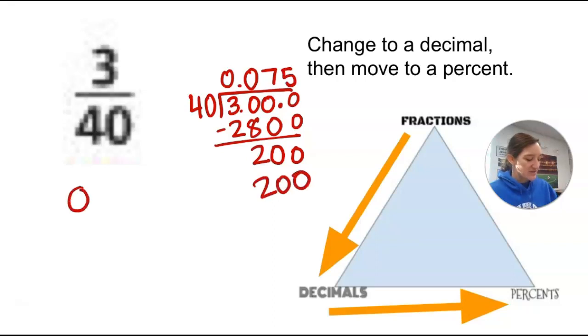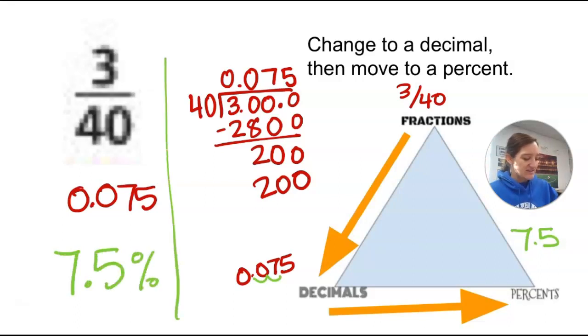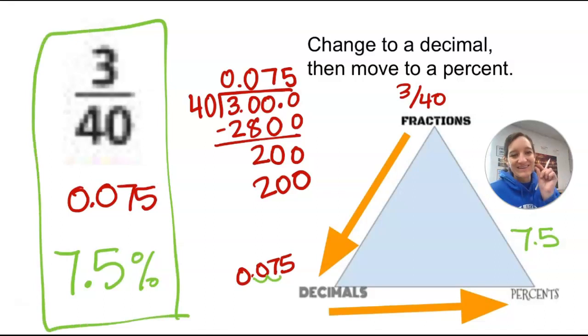Okay, so I have 0.075. I went from 3/40ths as my fraction to 0.075. Now that it's a decimal, I know that I can scoop it twice to make it a percent. So it is 7.5%. These 3 things are all the exact same amount. Cool, huh? So that's option 1. Change it, fraction hating troll, scoop it.